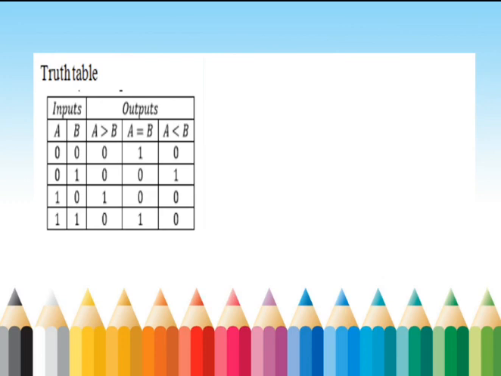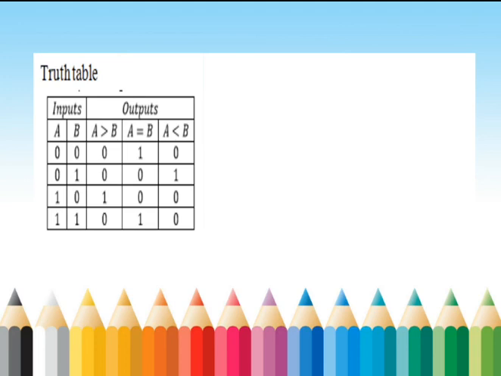For input 0, 0, both A and B are equal. So this enables only the column A equal to B. The remaining two columns are 0. For input 0, 1, now B holds binary 1. B is greater. Hence, this enables only the column A less than B. The remaining two columns are 0.